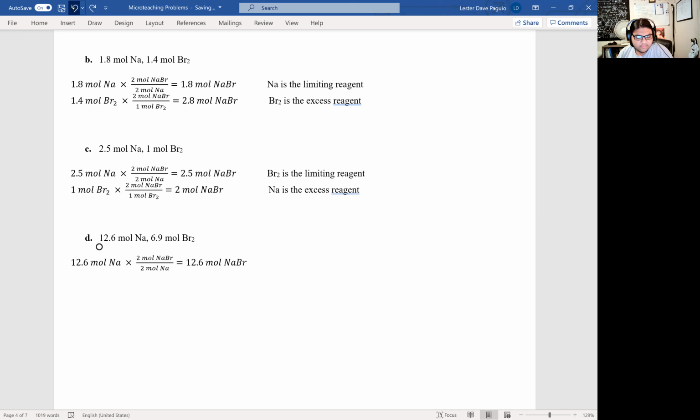And now for bromine, we have 6.9 moles and we would do the same ratio, which results in 13.8 moles of sodium bromide. And now we can say that the sodium is the limiting reagent because it has fewer moles of sodium bromide than the second one, which is 13.8, and the bromine is the excess reagent.